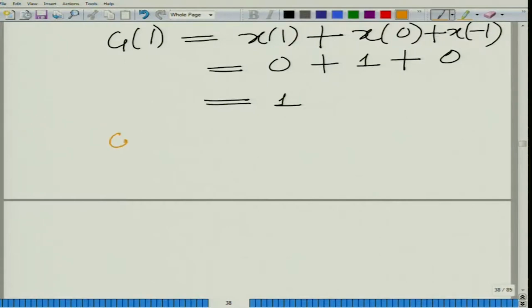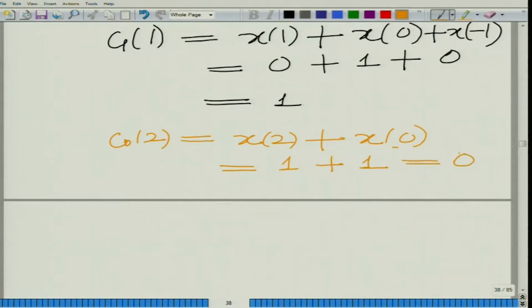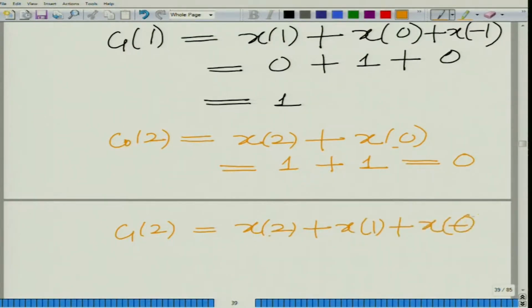So for instance, let's generate one more. C0 of 2 will be x of 2 plus x of 0, which is 1 plus 1. In binary field addition, 1 plus 1 is 0, remember, we are doing XOR. C1 of 2 is x of 2 plus x of 1 plus x of 0, which is 1 plus 0 plus 1.